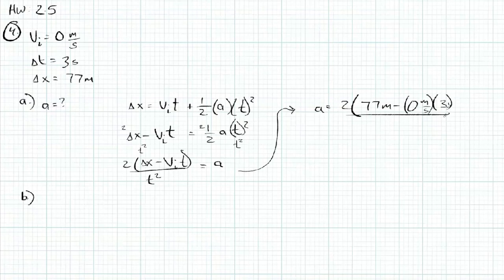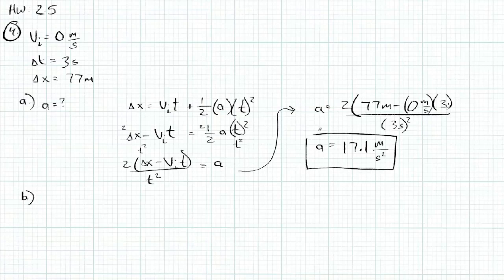Don't forget your units. All that over our time squared, so 3 seconds squared. If we calculate that out, our acceleration should come out to be 17.1 meters per second squared. That's A.